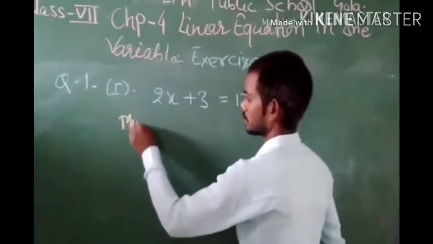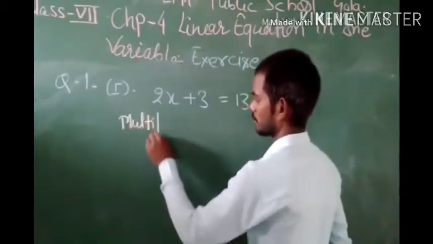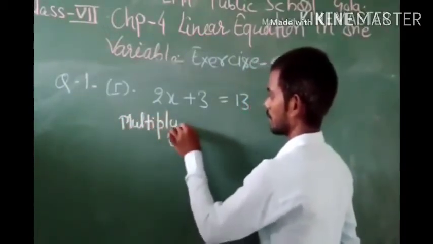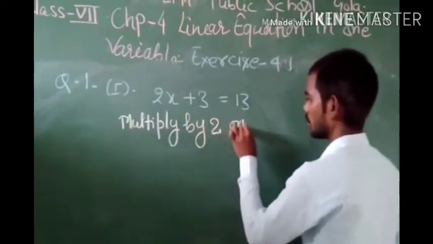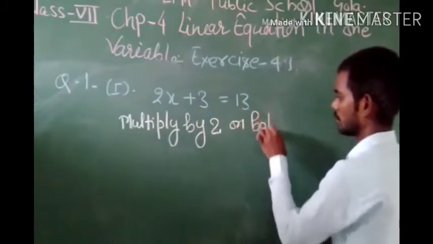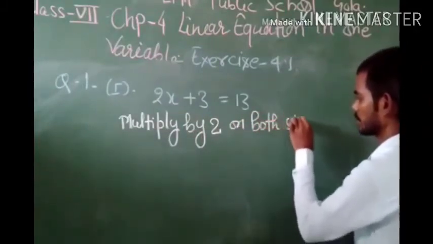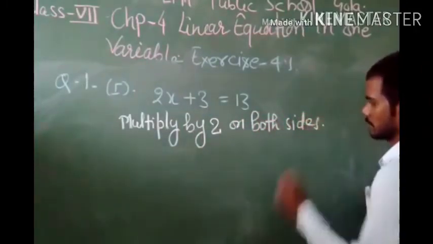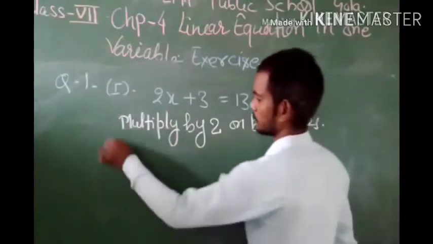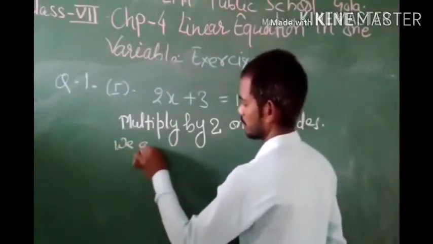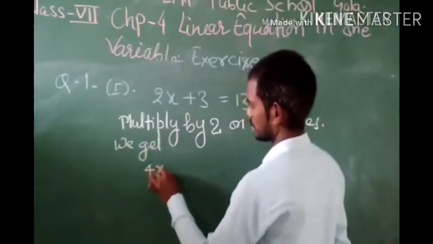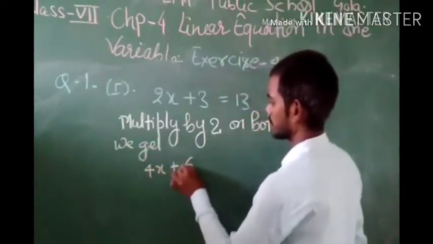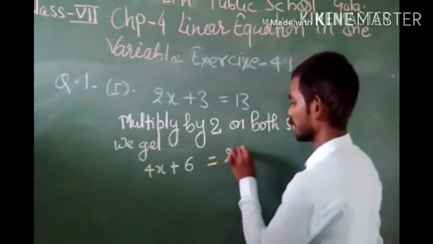Multiplying by 2 on both sides, we have 4x plus 6 is equal to 26.